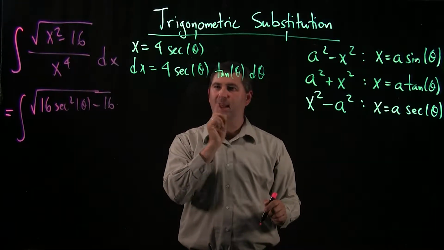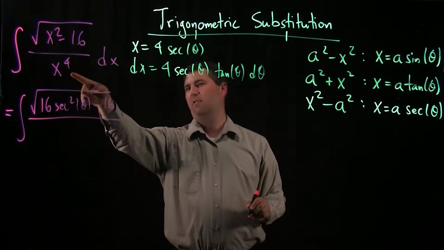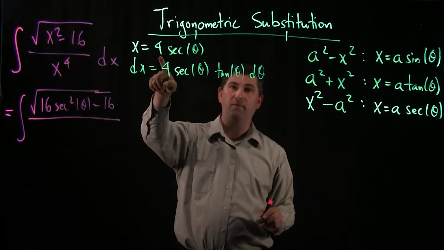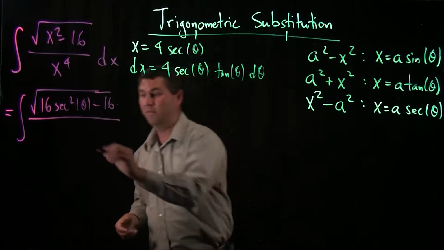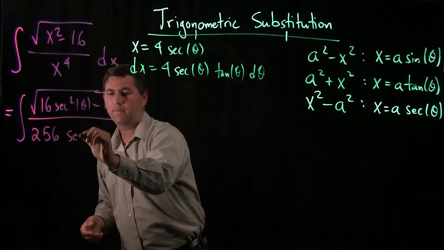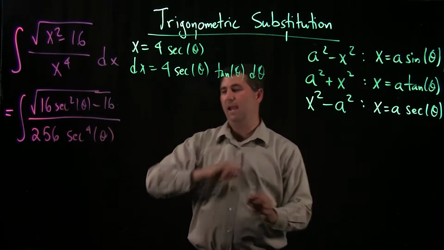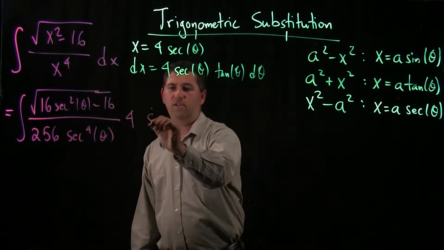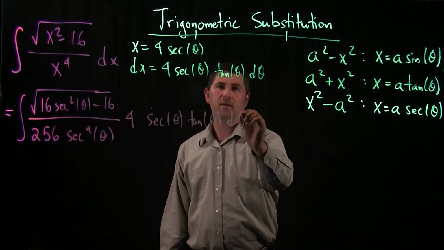Let's keep that in the back of our minds. On the bottom I have x to the fourth, so I need 4 to the fourth. That's the same thing as 16 squared, which is 256, secant to the fourth. And I need a dx. dx is 4 secant of theta, tangent of theta, d theta.